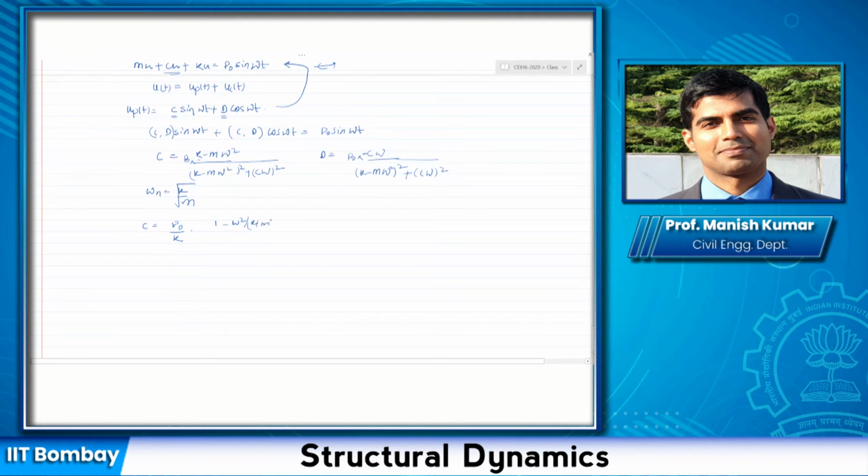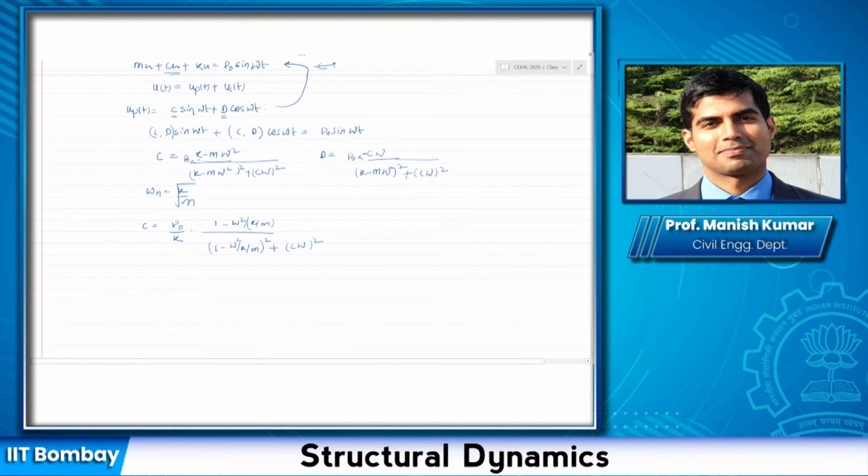If I take k out, this is what I would get, and in here as well, 1 minus omega square by k by m, whole square, plus c omega square.